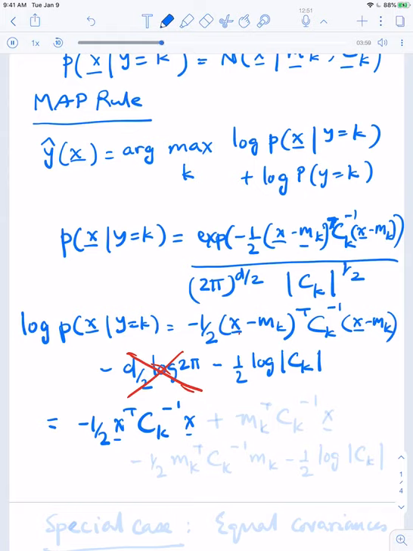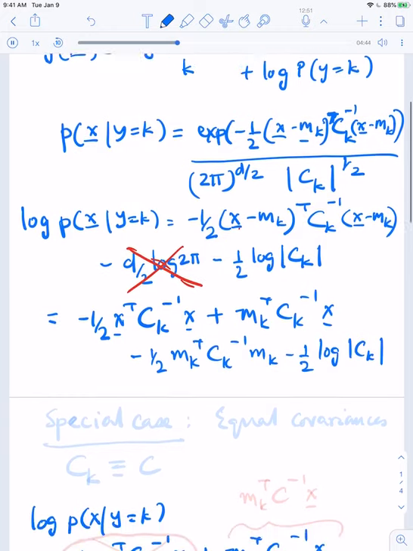So you have this term appearing twice, and with two negative signs cancelling out, you have mk transpose Ck inverse x. That's my linear term. Then I still have another one, which is mk transpose Ck inverse mk, which is a constant term. Again, there are three minus signs appearing here, so this also appears with a negative sign, and the last term is the log determinant of Ck, right?